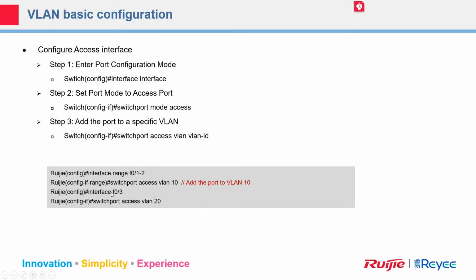And of course, you can enter only one interface to make the access VLAN become 20. By default, on some switches, the default interface type is access, so you only need to add the native VLAN of the interface. But on some other vendors or some different series of switches, the type maybe is trunk, so you have to change it to become access at first, and then you give the native VLAN.